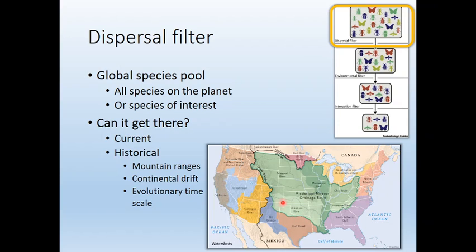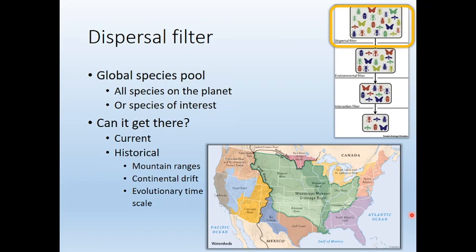So we have to think in deeper time here too, because species last potentially millions of years. So aspects like mountain range uplift and going away and continental drift, all these things on evolutionary timescales become important when we think about can a species get there, or has a species gotten there sometime in the past.